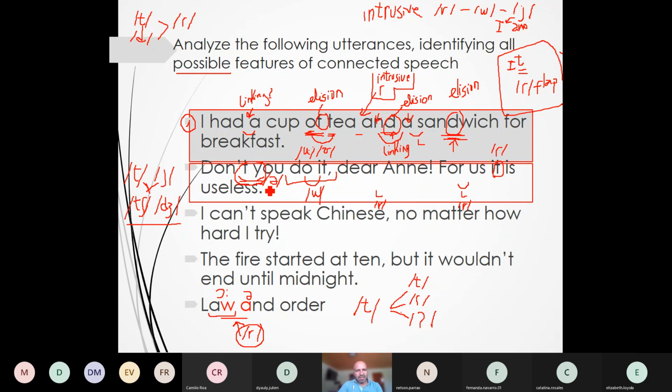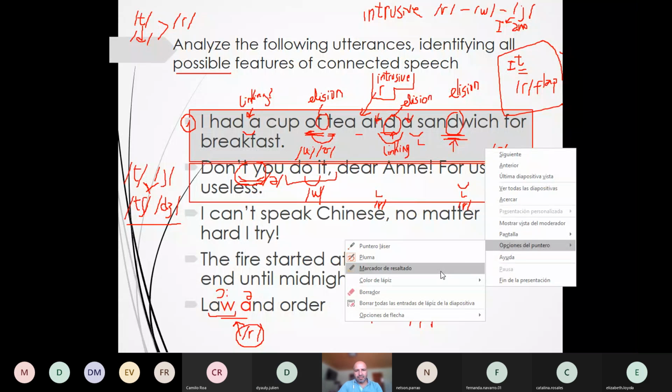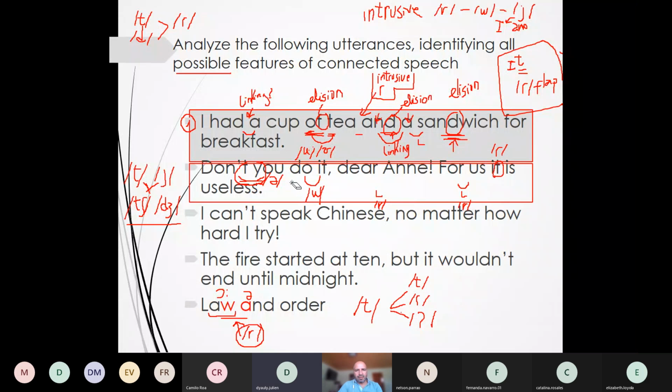So you have a vowel sound, a schwa, and then the next sound is a consonant sound, right? So you can link this schwa, which is a vowel sound, with the next consonant sound, and you may have linking here as well. Don't you know? Don't you do it? You may also link this.